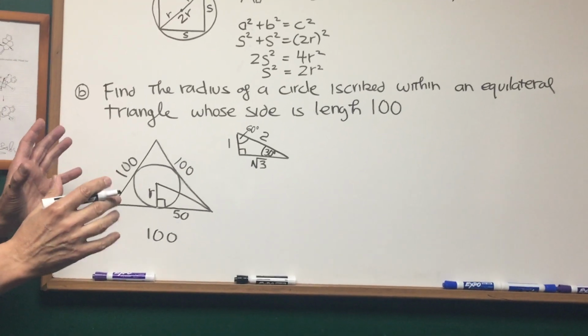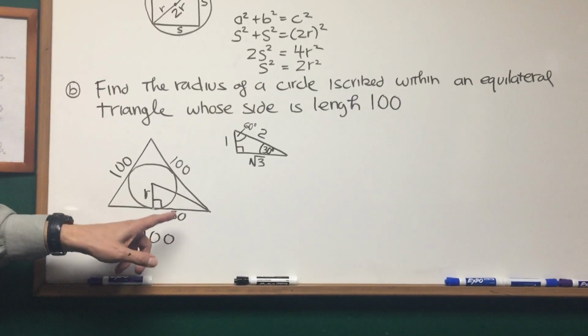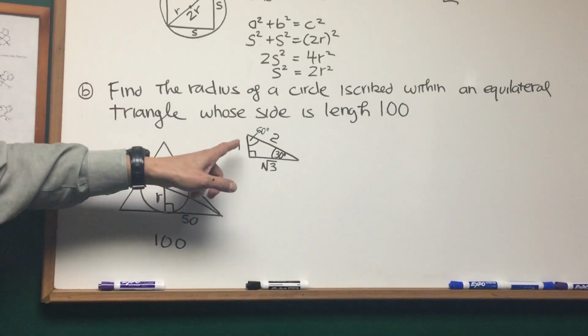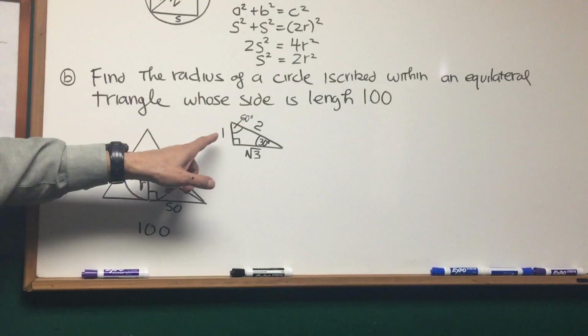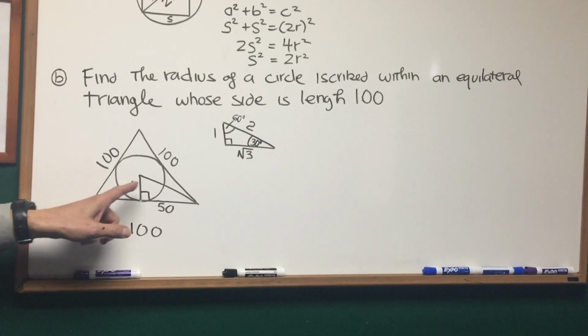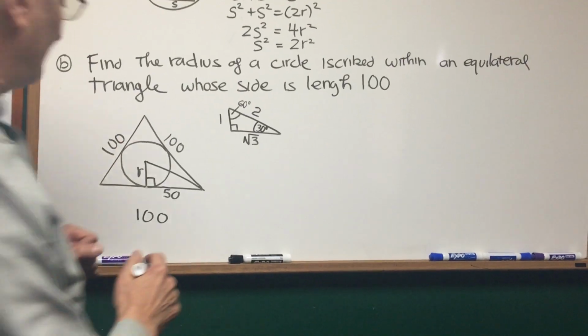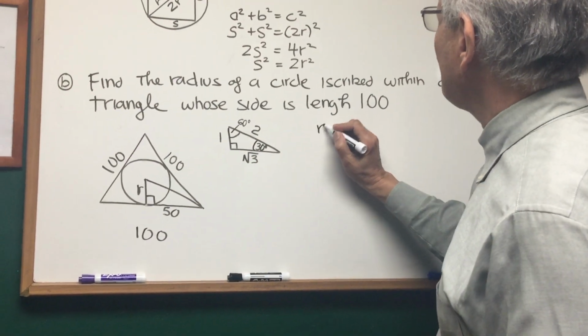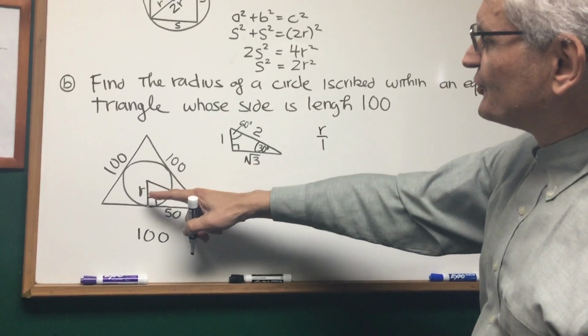That's a necessary bit of information for me to solve this, because the lengths of the sides of this reference triangle, 1, 2, square root of 3, are going to be proportional to the sides of the triangle I'm trying to find. So let's see, r is to 1. Okay, this is the opposite side.